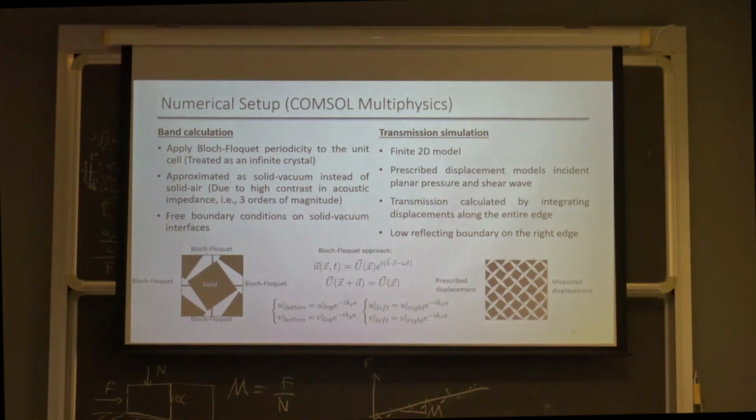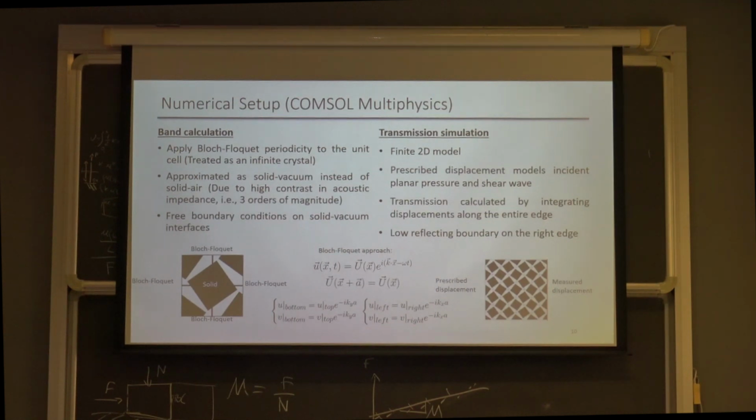Then, of course, before 3D printing them, we did the numerical simulations, and first we calculated the band structure of this P4GM and the classic one, which has P4MM symmetry.